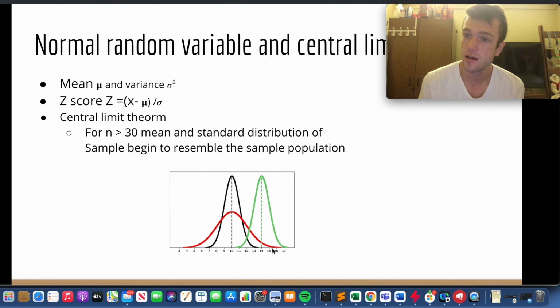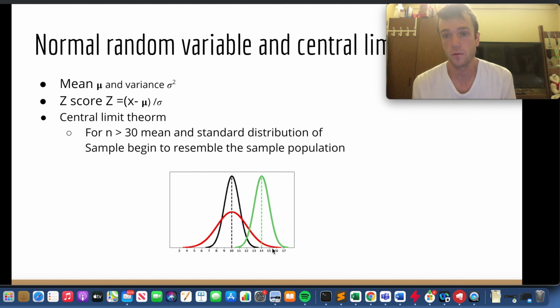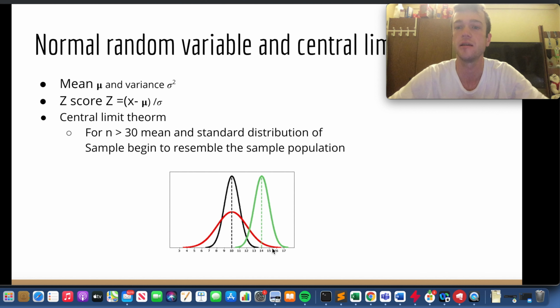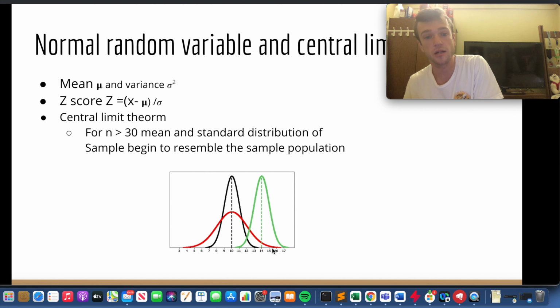I guess that could be used in polls, for candidates, or for any given sample where you're looking at a distribution, whether that is COVID cases, if you're looking for positivity, negativity. But as usual, the more samples you get, the closer you will be to resembling the typical sample.